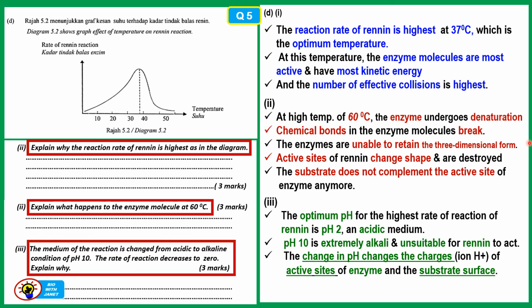So it could cause the active sites and the substrate surface to have similar charges, like both having positive charges or both having negative charges. So the active sites and the substrate molecules may repel each other. Thus, the enzyme-substrate complex cannot be formed if the charges are changed, and there will be less reaction. So any 3 points, you get 3 marks.